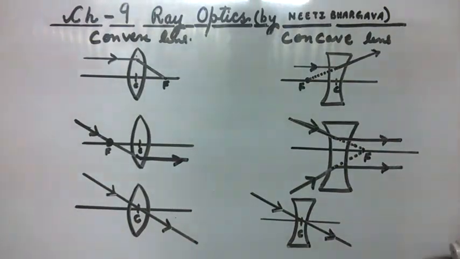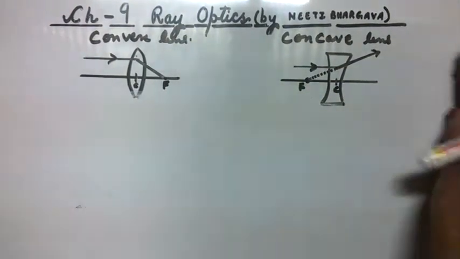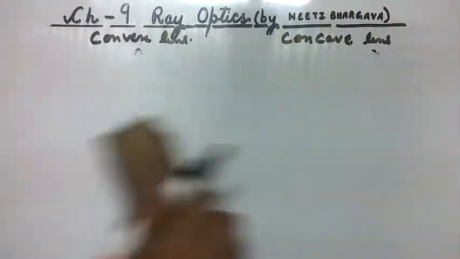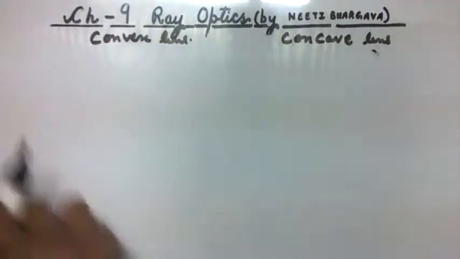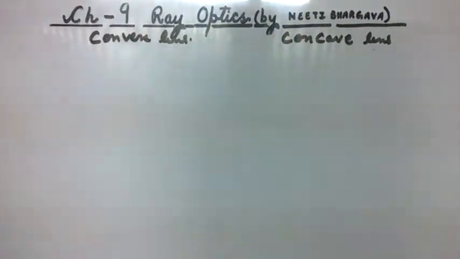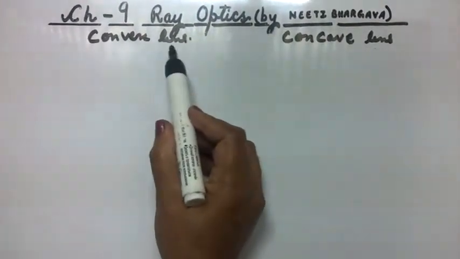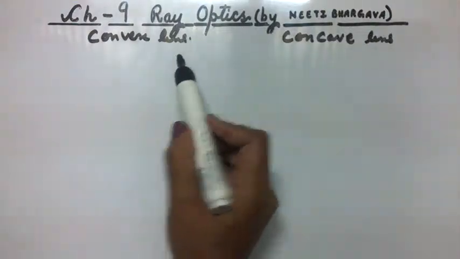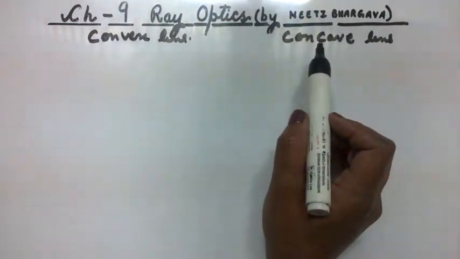Now let's discuss all the 6 positions by which the images are formed by convex lens and concave lens. As we know, convex lens is known as converging lens and concave lens is also known as diverging lens.